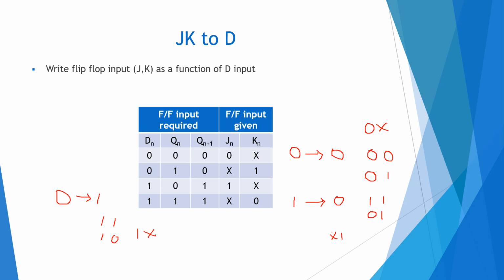Then when Qn changes from 1 to 1, it can be 0 0, no change in state, or otherwise it can be 1 0. So that is x0, that is written here, x0.